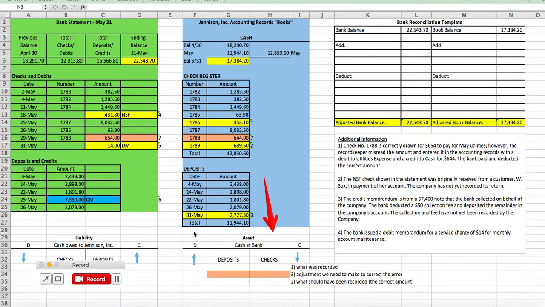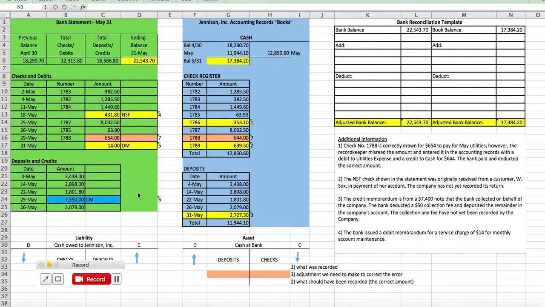Okay, and they match them up one for one with what the book says are the deposits, and what the bank says are the checks and the debits. So we look at each of those things individually, and from there we're able to identify the differences.